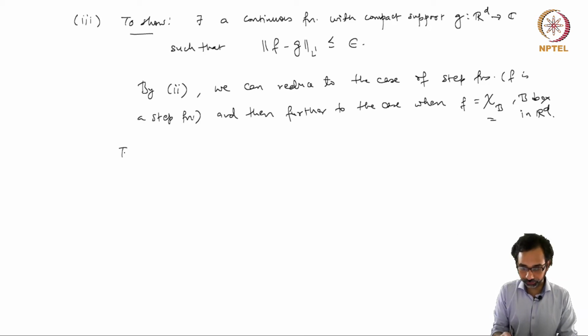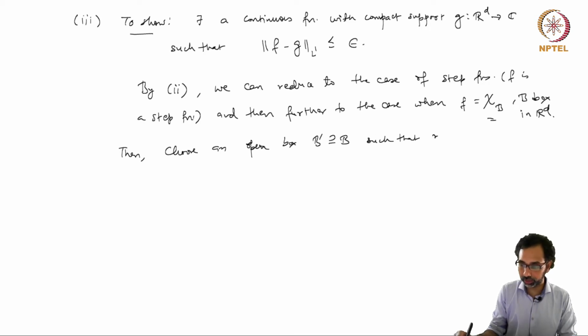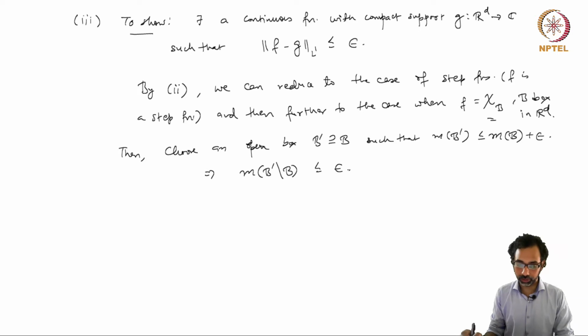So then choose an open elementary set, open box B prime containing B, such that the measure of B prime is less than or equal to the measure of B plus epsilon, which means that the measure of B prime minus B is less than or equal to epsilon.